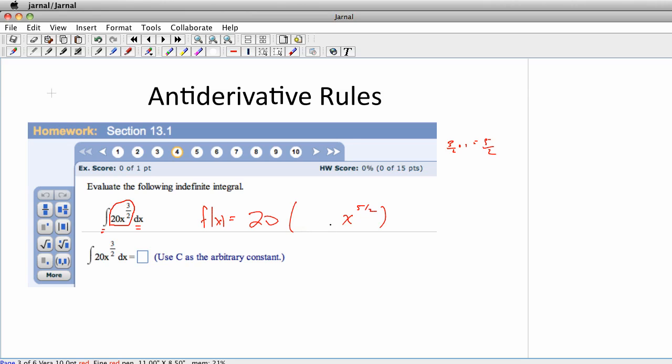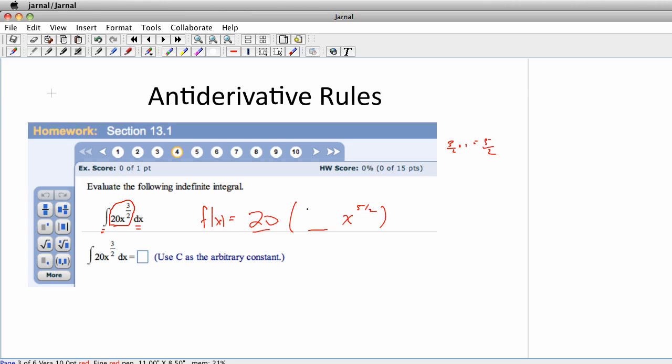The reason is that if I want to leave that 20 there, like it was in the problem, then the way I can do the problem is leave the 20 alone, and then here, just think about what number needs to be here so that the derivative of this whole thing ends up being 20x to the 3 halves. And the trick is to think about what's going to happen when we compute the derivative of x to the 5 halves. The 5 halves doesn't just get reduced to 3 halves, but actually the 5 halves comes down in front.